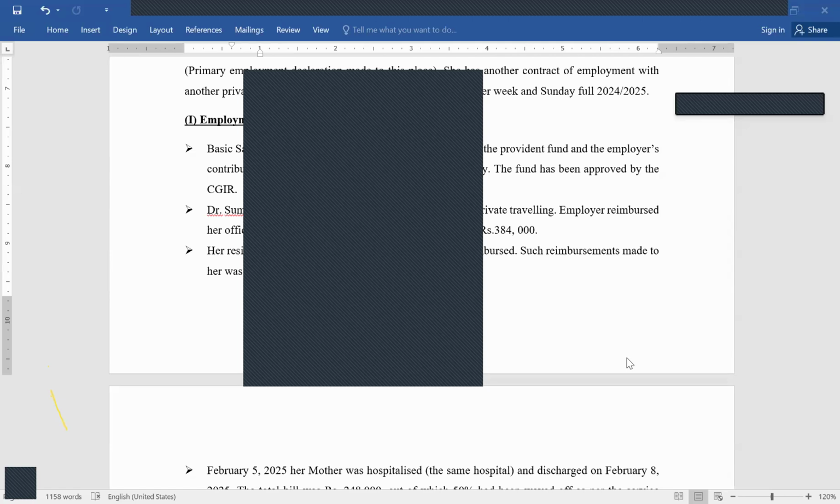It's a reimbursement. Liable. It's like a transport allowance.